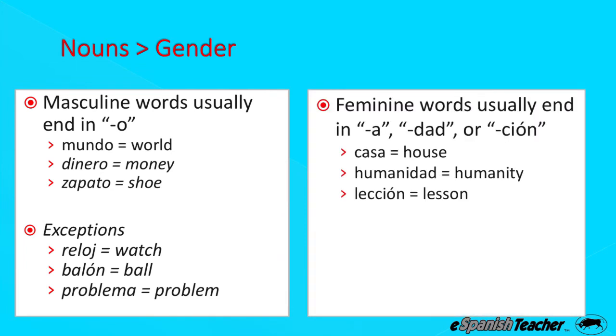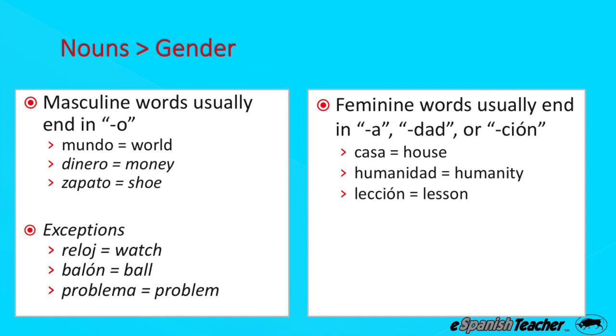Now, feminine words usually end in a, dad, or sion. Here are some examples. Casa, notice it ends in a. Humanidad, it ends in dad. Lección ends in sion. Okay, so these are examples of feminine words. This is a very good guide.